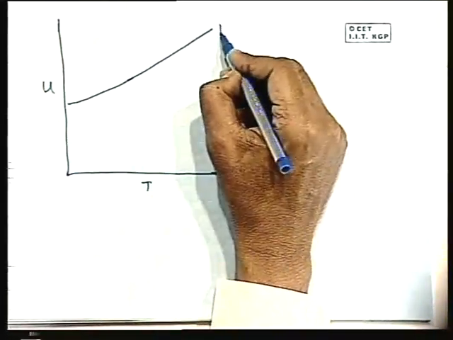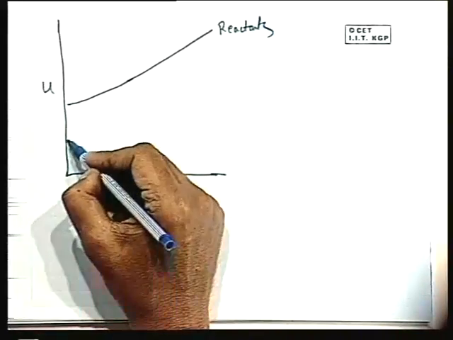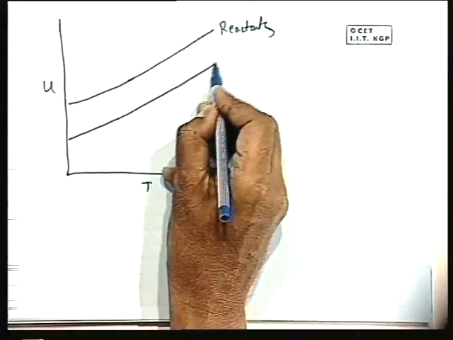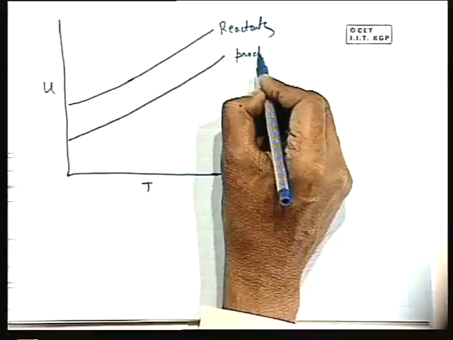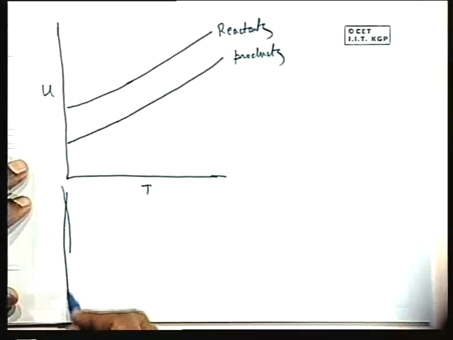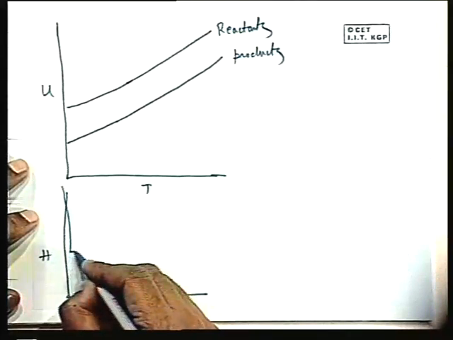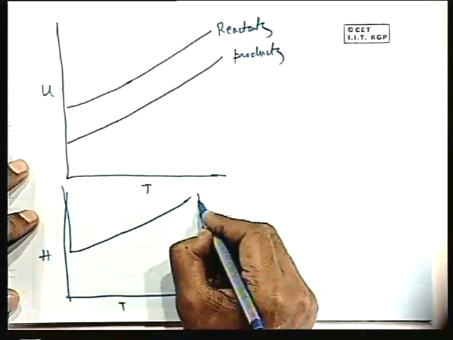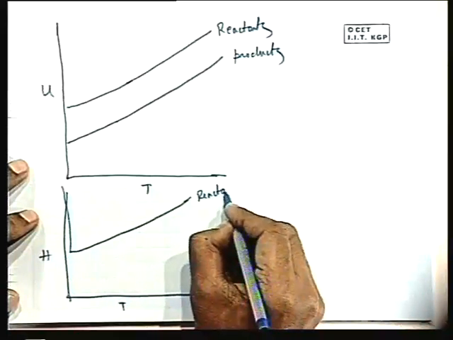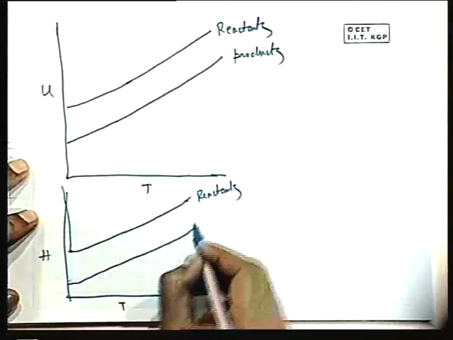This is for reactants, and this is for products. Similar is the case for H and T, so this is reactants and this is products.